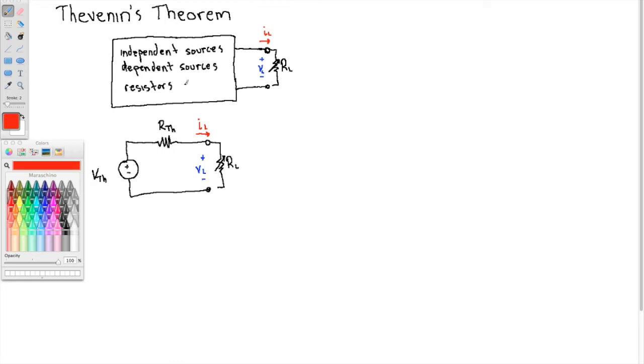Now let's get into the mechanics of finding the Thevenin voltage and the Thevenin equivalent resistance. Remember, if these two things are going to be equivalent circuits, then no matter what I connect to the output, in either case, I have to get the same voltage VL and the same current IL.